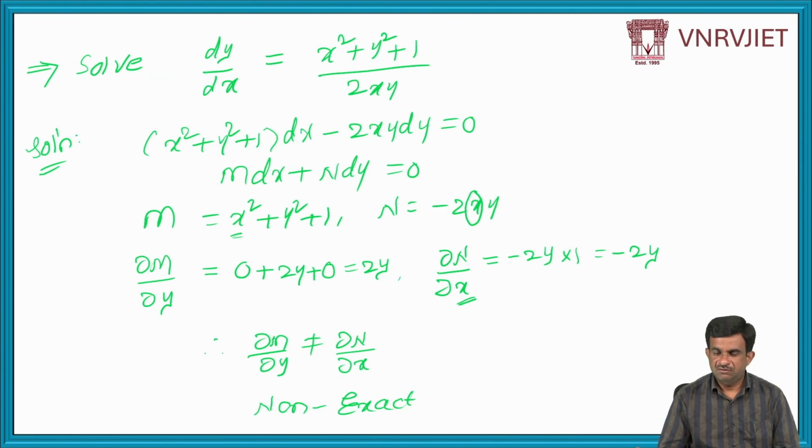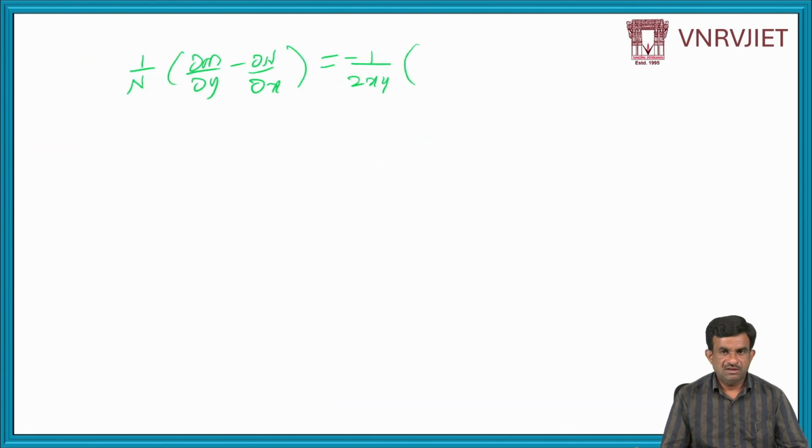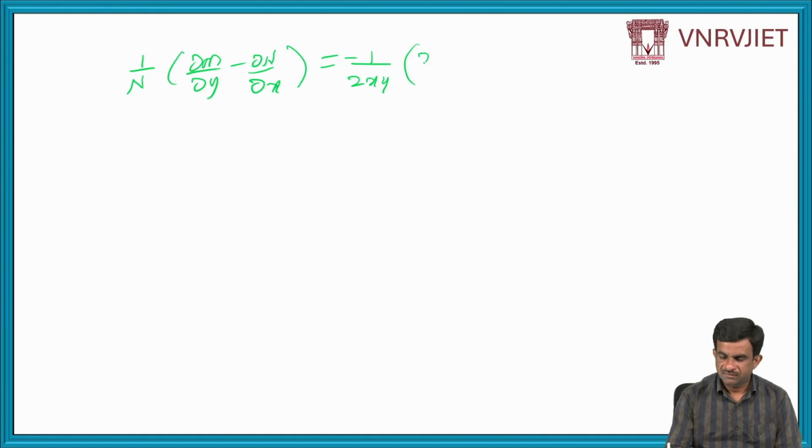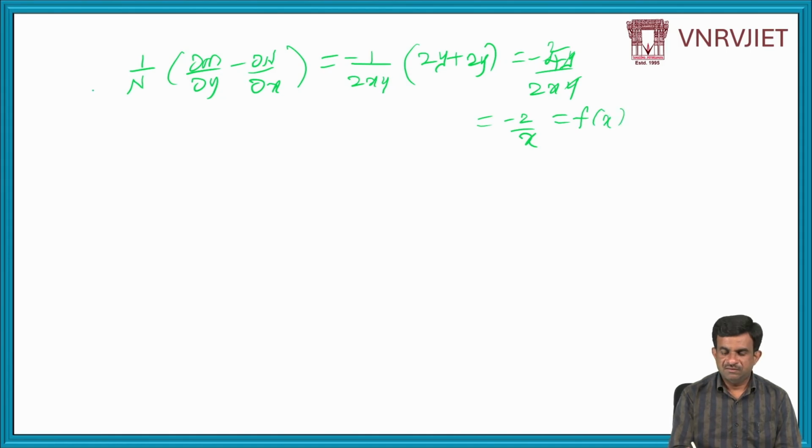So that is ∂M/∂y is 2y, then ∂N/∂x is minus 2y, this becomes 2y plus 2y. So this is equal to 4y divided by minus 2xy, y gets cancelled. So we got this as minus 2 by x. So this is a function of x. Here we got 1 by N times this difference is a function of x.